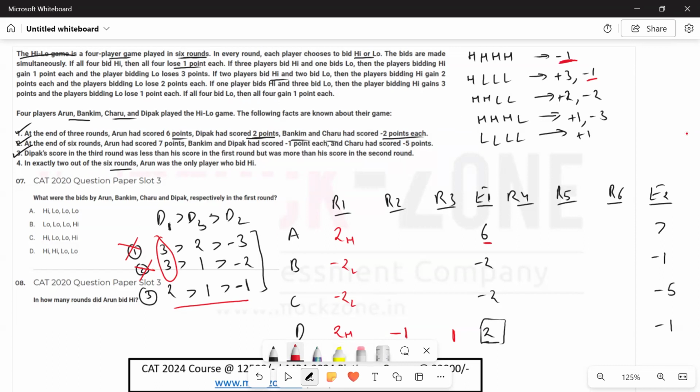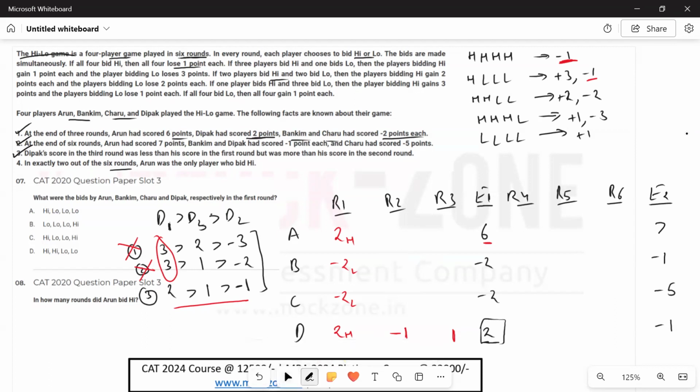If it is first wala case where everyone has bid high, then it will be -1, -1, -1, -1. But again, can A take -1? If it takes -1, so 2 minus 1 is 1. Even if it takes 3 value over here, it won't be able to reach 6. So we know that the first case of H is not possible because A cannot be -1.